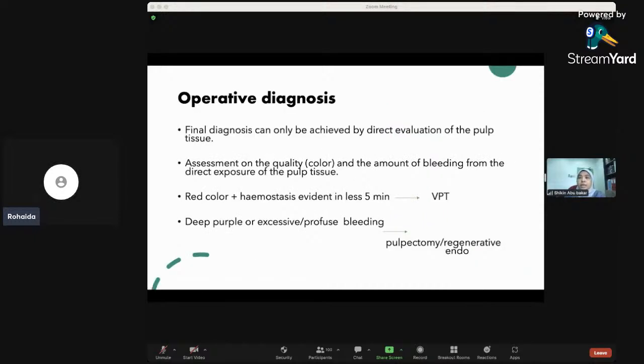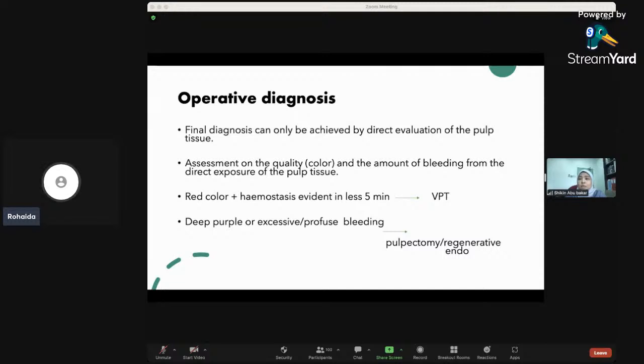Again, with our patients, sometimes it's very difficult to get a good history of their pain, and the sensibility test might not give you the correct answer that you want.